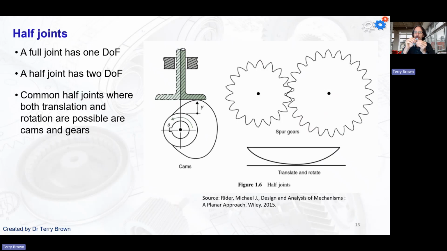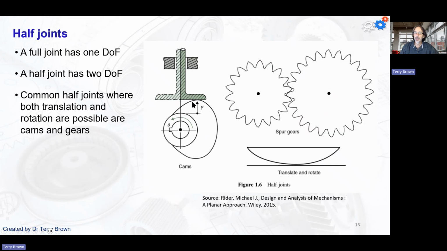So there's only 1 degree of freedom there. If I put a slot in the link here and put the pin in the slot, I'd be able to slide the pin in the slot and also rotate in that slot. So that would have 2 degrees of freedom. So that would be considered to be a half joint.